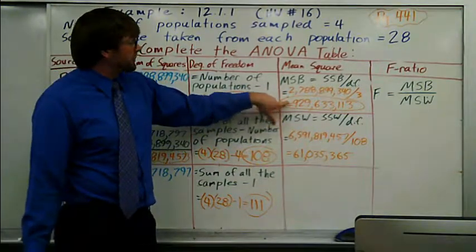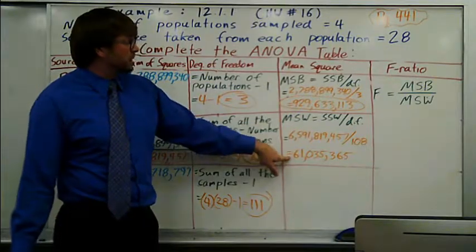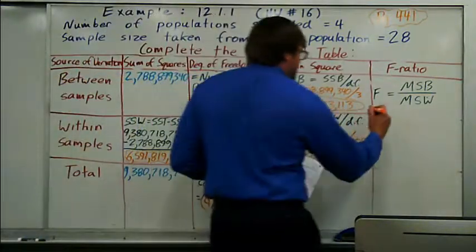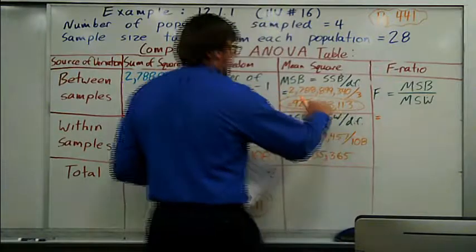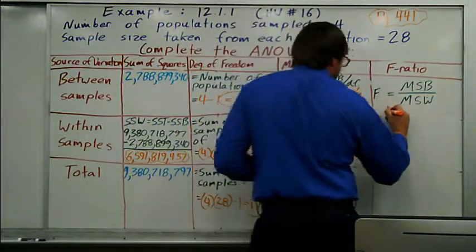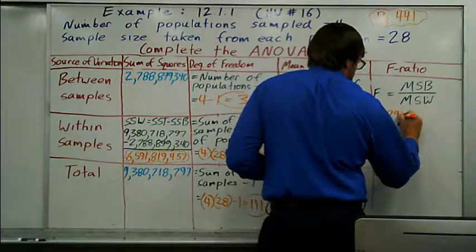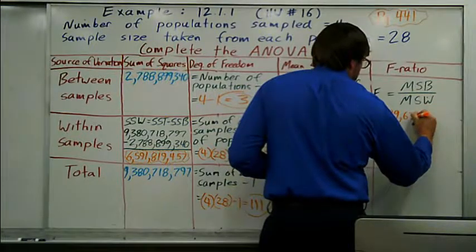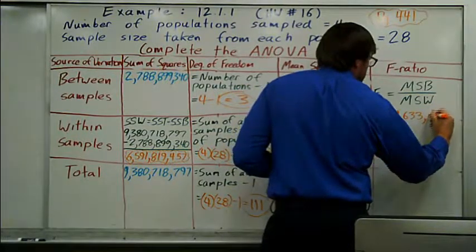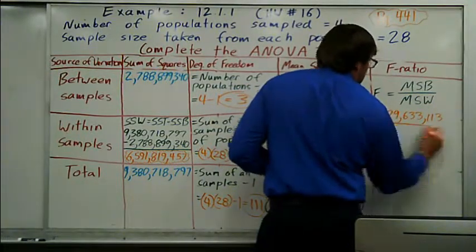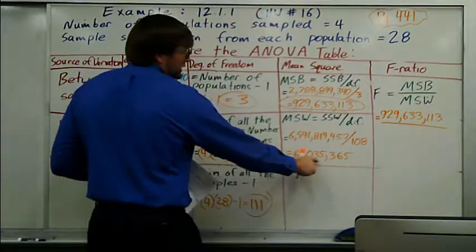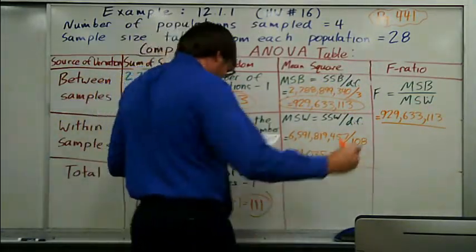Now finally, to figure out the F ratio, all it is is the ratio: you take the mean squares between divided by the mean squares within. That's just going to be our 929 million there, divided by our mean squares within, which is the 61 million.